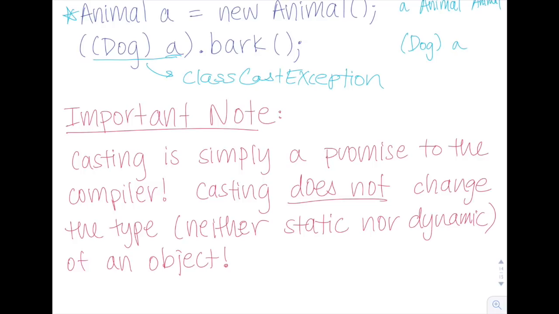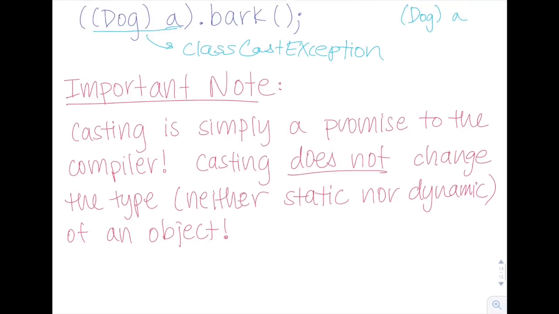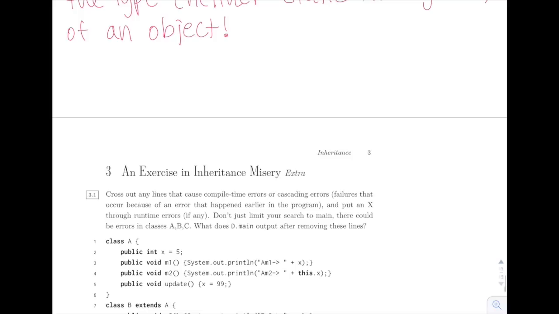But I just really want to emphasize that casting does not change the type, neither the static type nor the dynamic type of an object. Okay? All it is is a promise between the programmer and the compiler that allows us to bypass a compile error. All right? So now let's move on to the actual exercise.